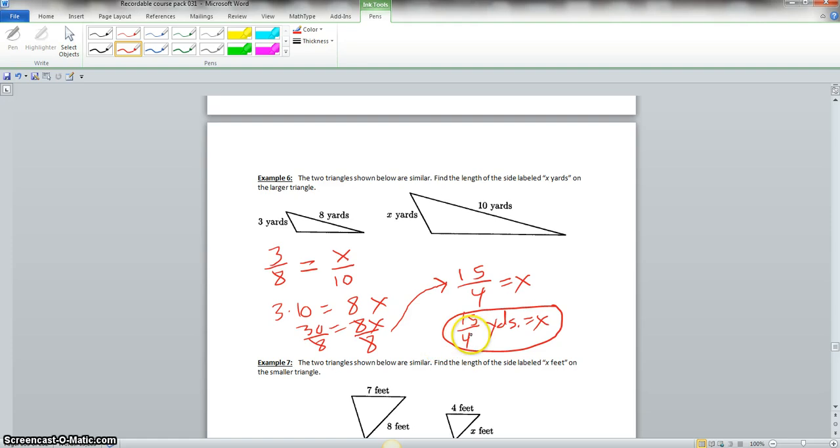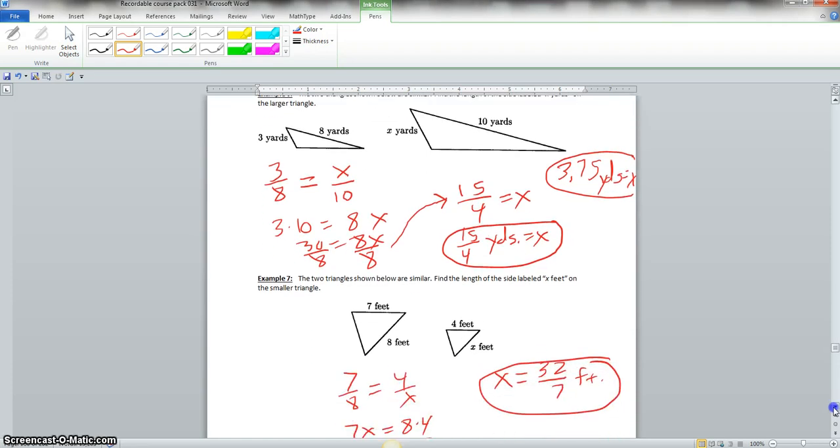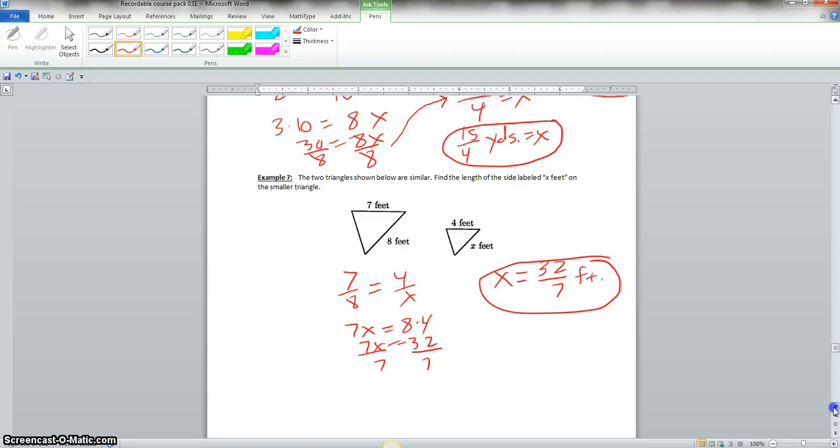Now, if you want to write it as a decimal, it will be 3.75 yards, and that will equal x. So either one, the fraction or the decimal, would be fine.